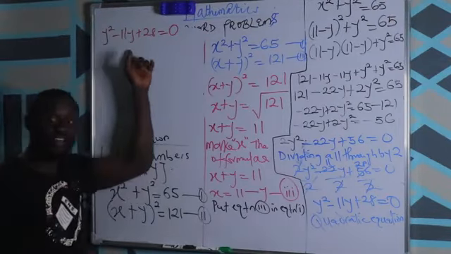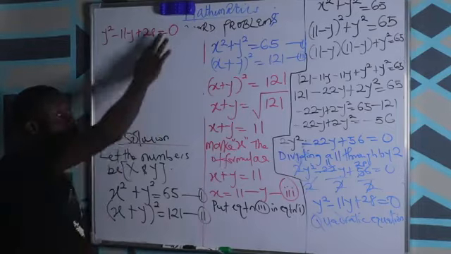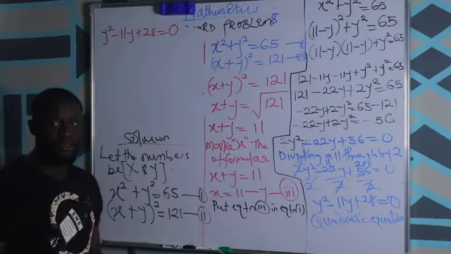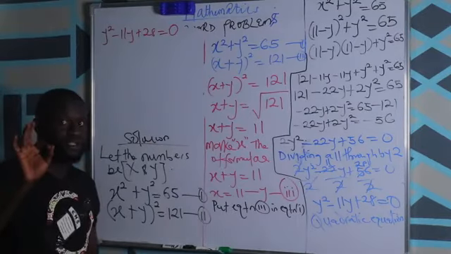Two numbers, when you add them together, they become 11, and when you find their product, they become 28. The numbers must be 4 and 7. 4 plus 7 is 11. 4 times 7 is 28.